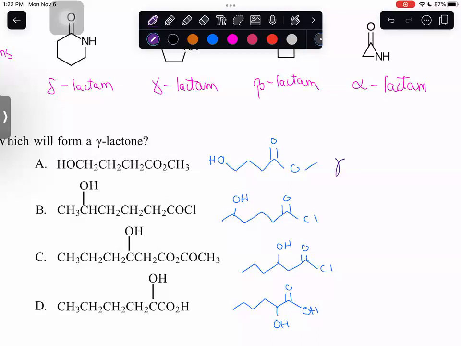What about option B? Then that acyl halide: alpha, beta, gamma, delta. That'll be delta. You're not really gonna see alpha lactones, because structurally they're strained. What kind of lactone is option B gonna form?